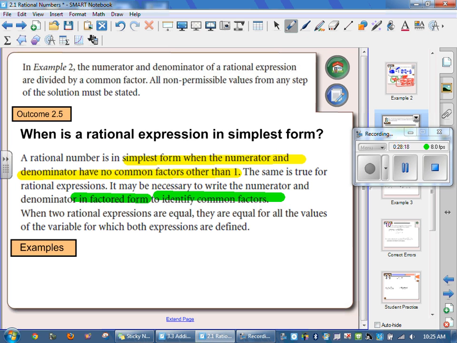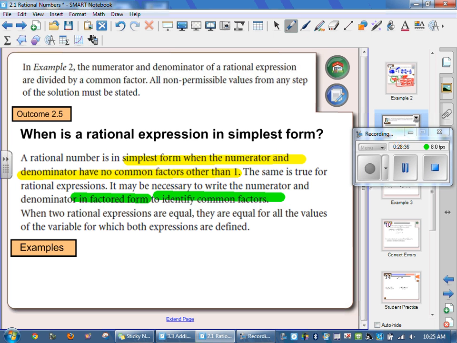Okay? All right. So it says, if they are equal for all values, even the non-permissibles, which means you take your non-permissibles from the original factored form before you reduce it. Okay?